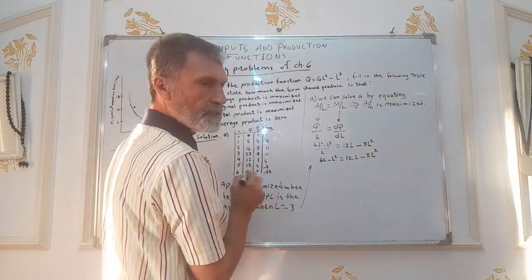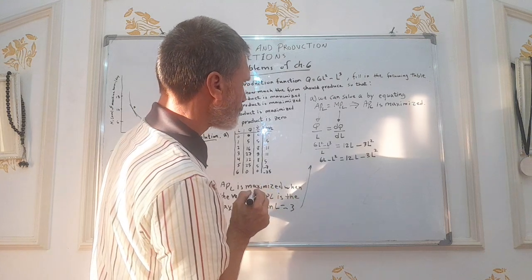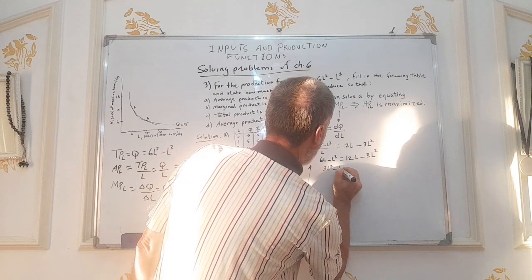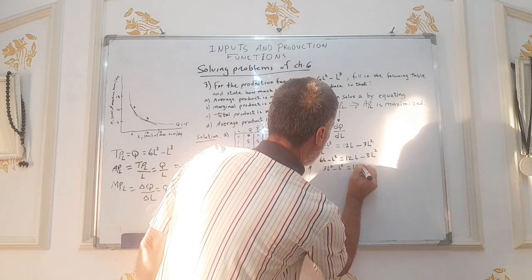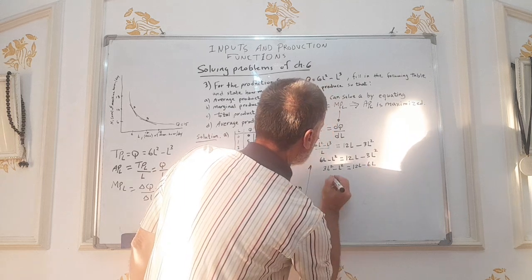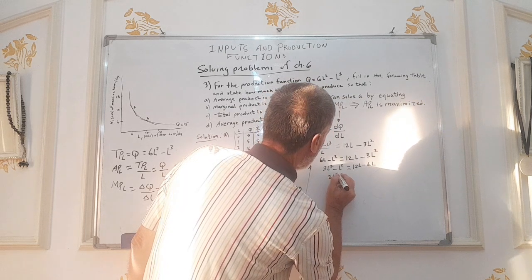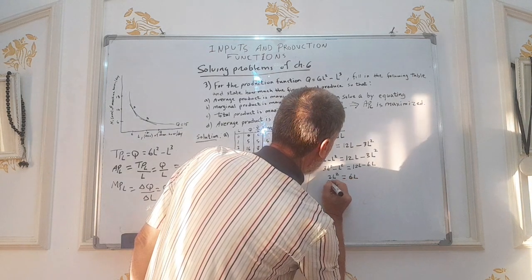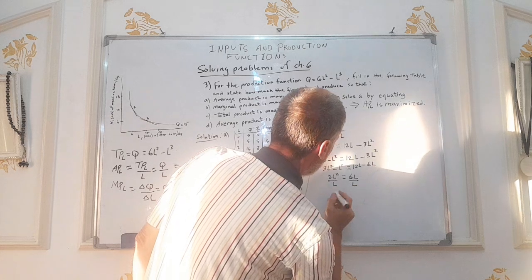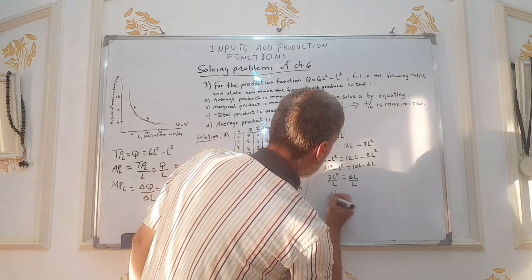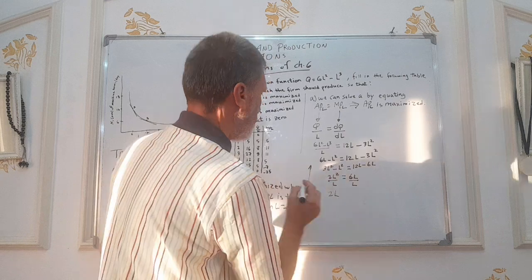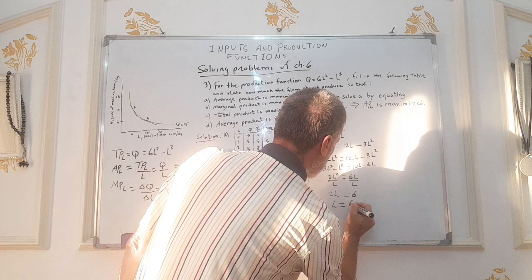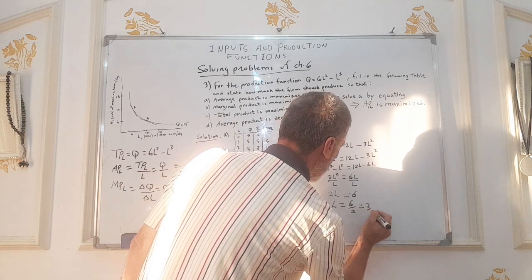So let's simplify this equation. We can have 3 L squared minus L squared is equal to 12 L minus 6 L. So we get 2 L squared is equal to 6 L, which, dividing over L, we get 2 L equal to 6, which is L equal to 6 over 2, which is equal to 3.